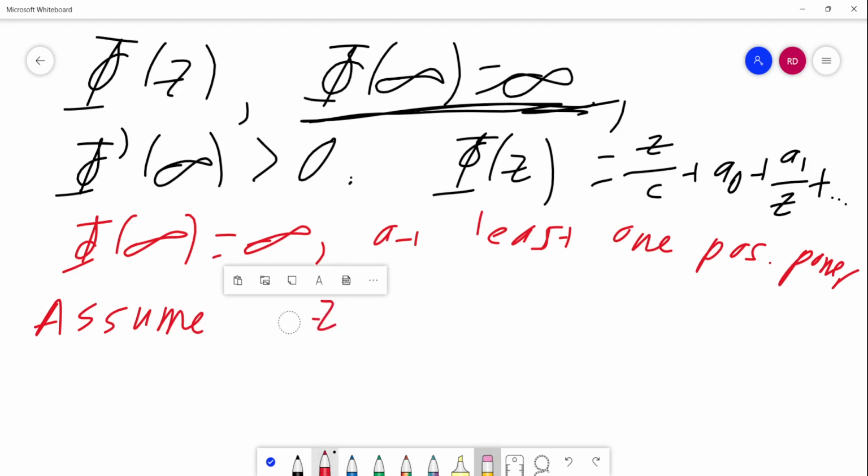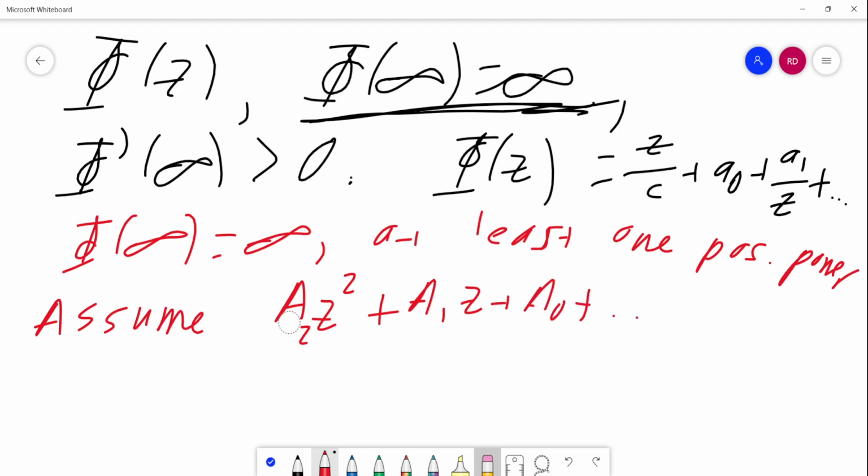Let's just say we had a z squared term: a2 z squared plus a1 z plus a naught plus dot dot dot.